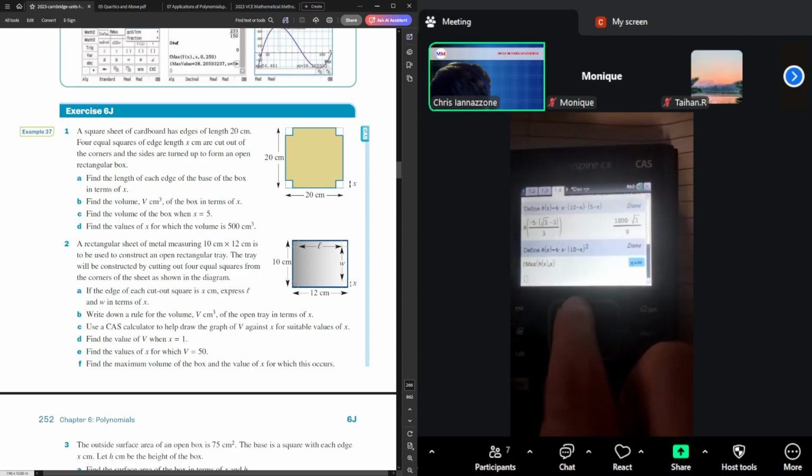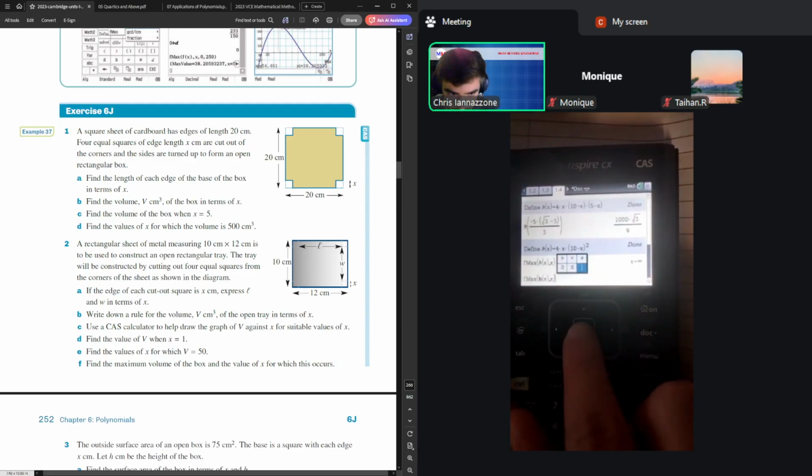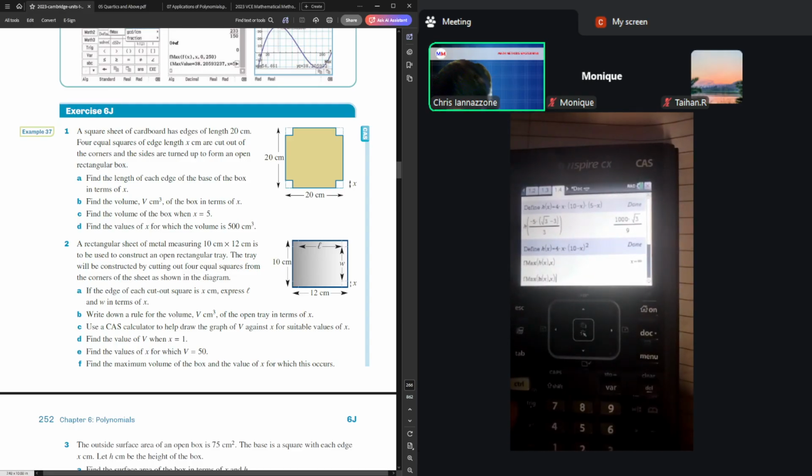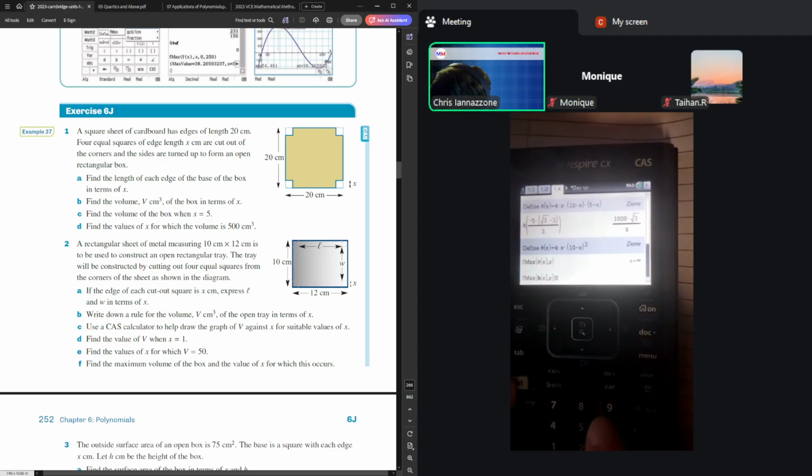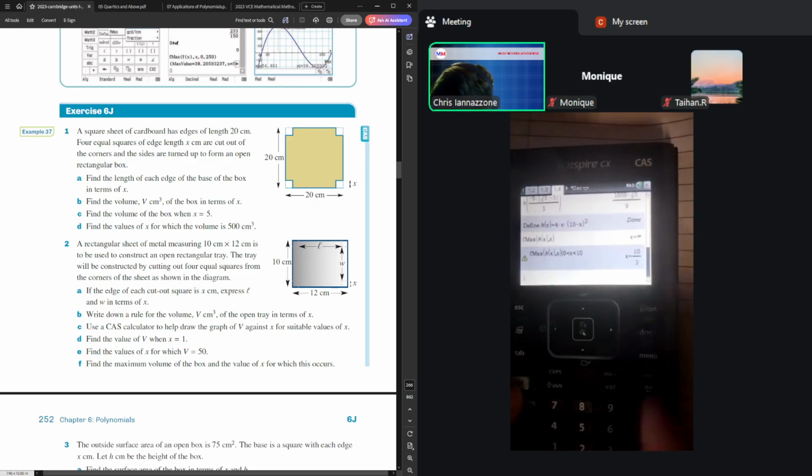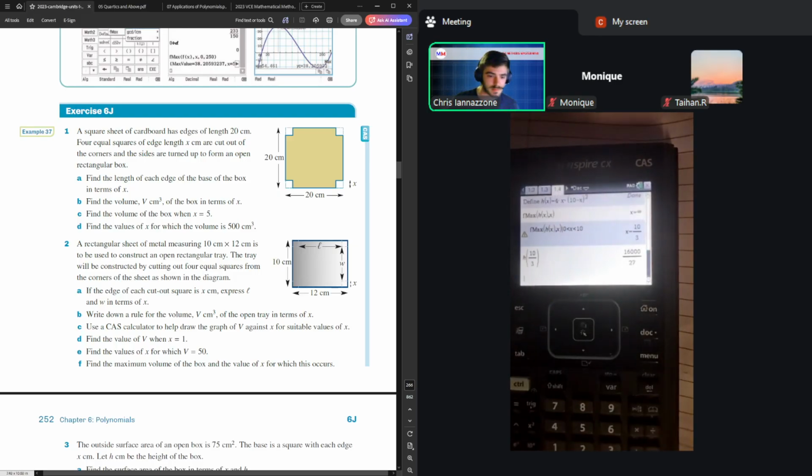So make sure you put your domain. Ours was from 0 to 10. That was how we had those bumps. 0 to x to 10. X is 10 on 3. Sub back into the function to get the actual y value, which is the maximum. Remember, the y value is the maximum, not the x value for which there is a maximum.